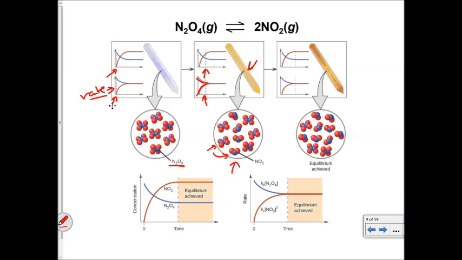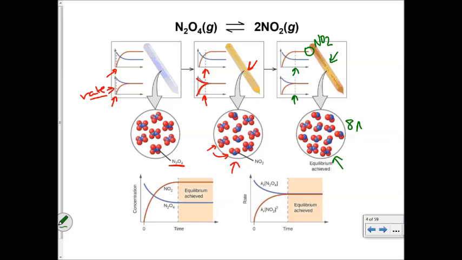But this last one over here, finally, where equilibrium has been established, you can see the definite brown gas in there, because the higher concentration one, the upper one up here, is the NO2, so we see more of that because it's brown. But you also can look at the molecular level here and count them too. 1, 2, 3, 4, 5, 6, 7, 8.